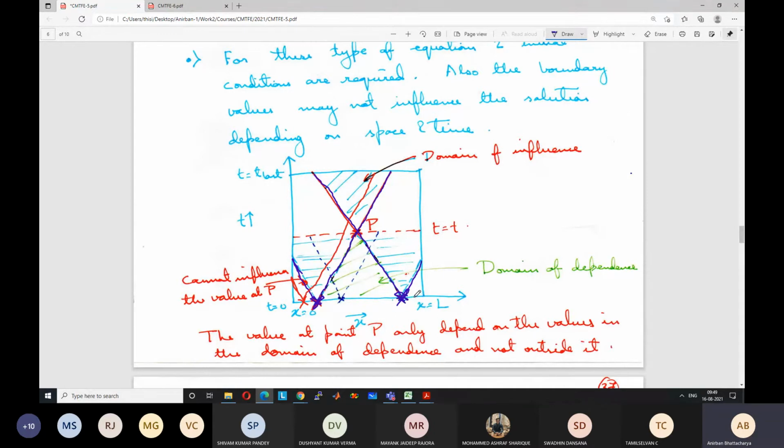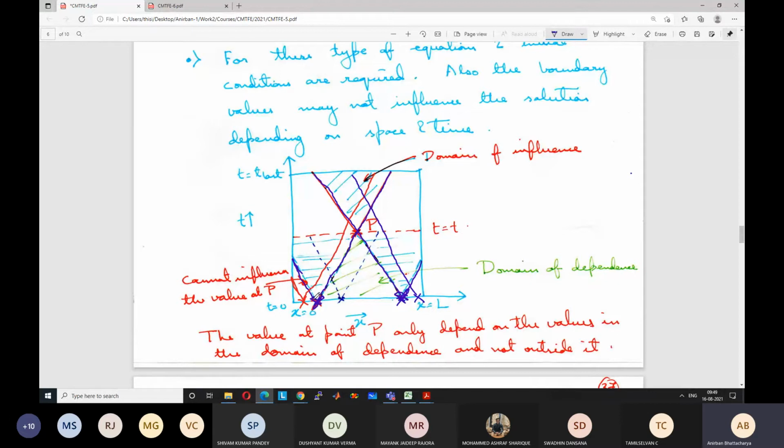So can any point on the right of this point influence the point P? No, it cannot, because its domain of influence will just extend like this. It should be parallel, but anyway you can understand.